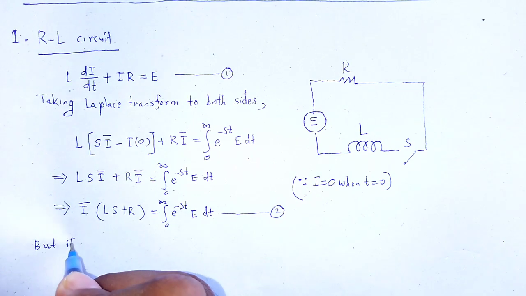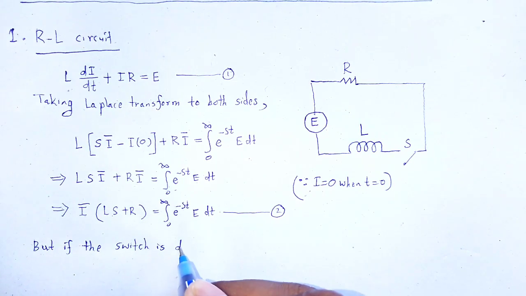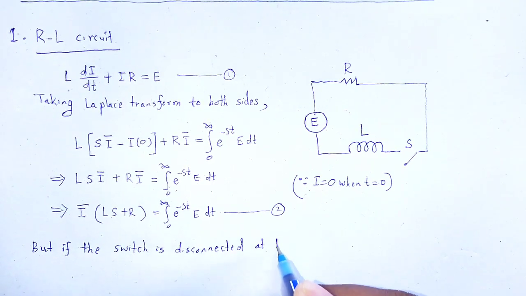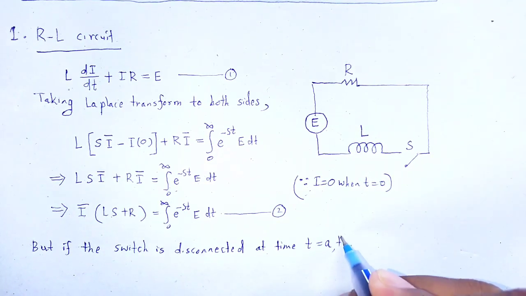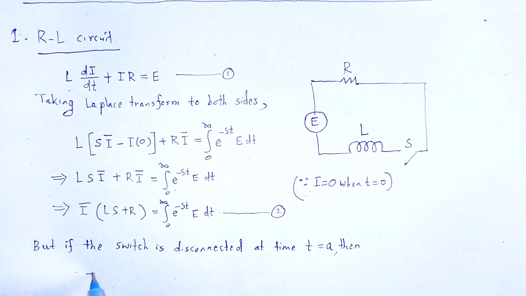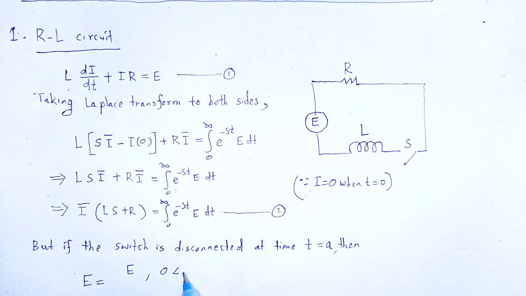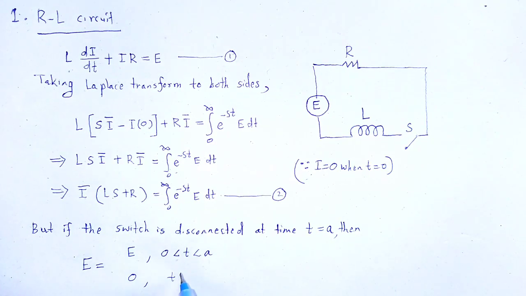If the switch is disconnected at time t equal to a, then the EMF is E when t is between 0 and a, and the EMF will be 0 when time is greater than a.